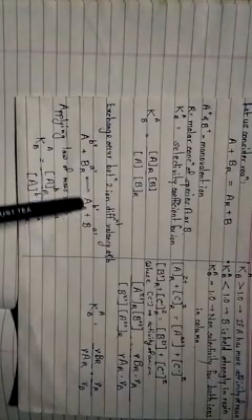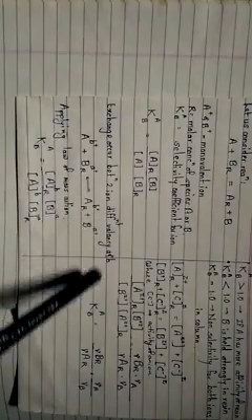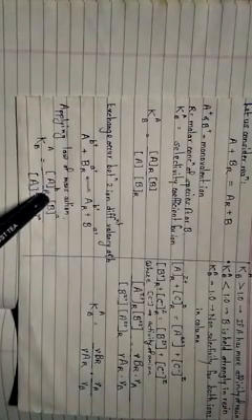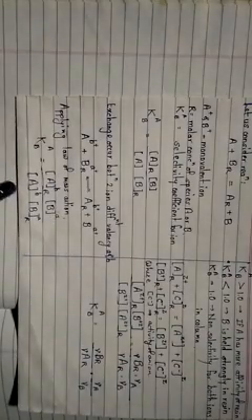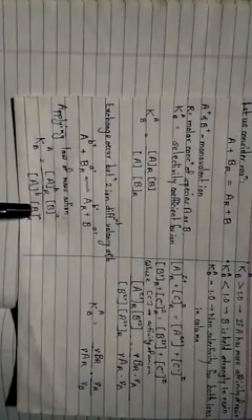By applying the law of mass action for this reaction, we get the selectivity coefficient Kab equal to the concentration of BR into the concentration of A, upon the concentration of AR into the concentration of B. Kab is equal to product upon reactant.